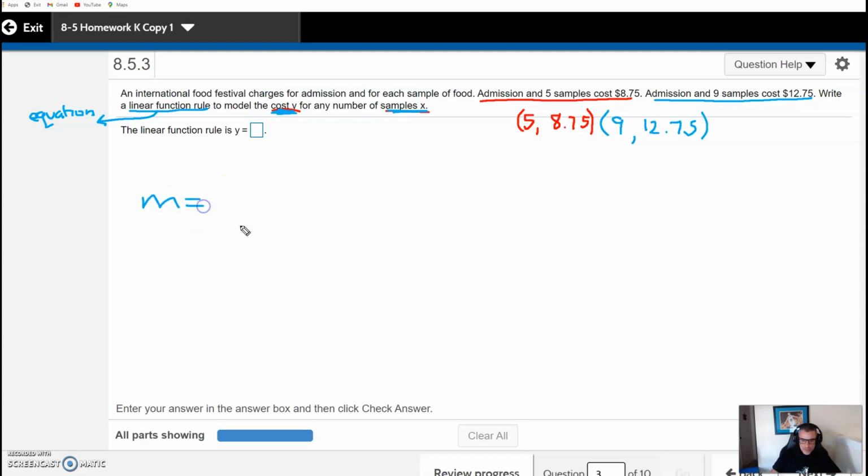What is the slope, right? Got to figure that out. What is the y-intercept? So let's start by calculating the slope. And just to remind you guys, slope is equal to y sub 2 minus y sub 1 over x sub 2 minus x sub 1. All right, remember, you can pause the video if you need to.